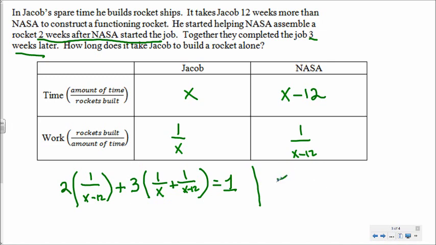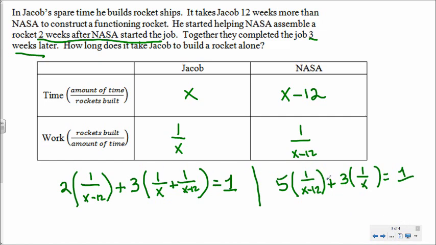So technically, NASA works for 5 weeks times the amount of work it gets done per week would give you the total amount of work it completed. Add to that the amount of time that Jacob worked on the rocket times the amount of work he gets done per week would be the amount of work Jacob contributed to the rocket. And together, that again will result in 1 functioning rocket.